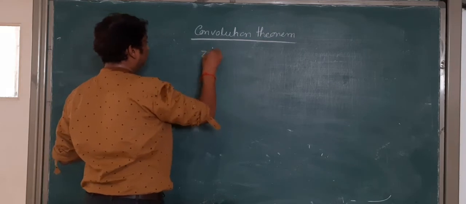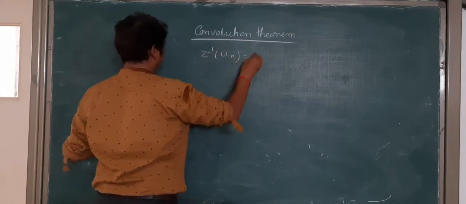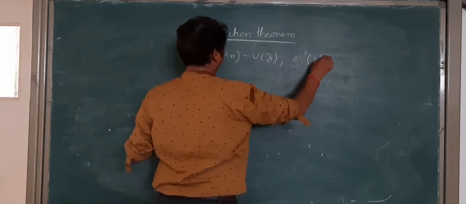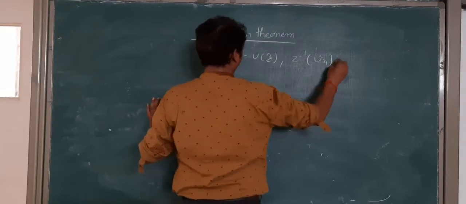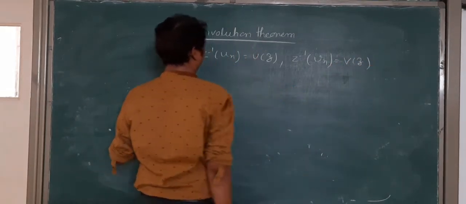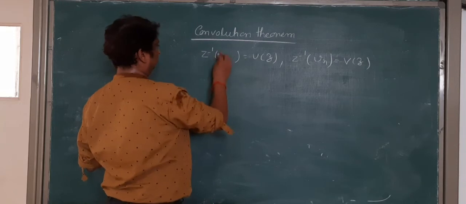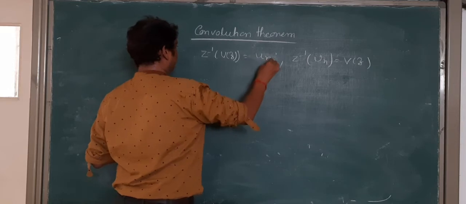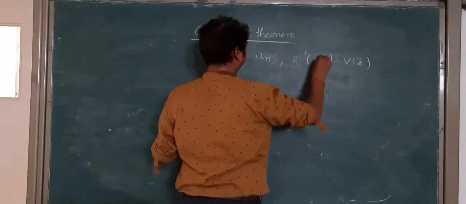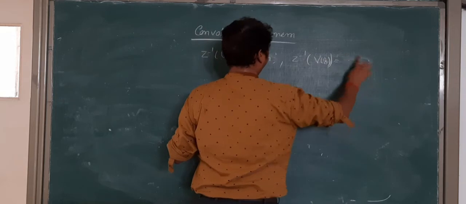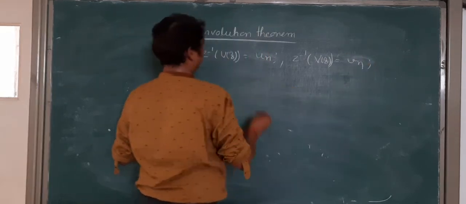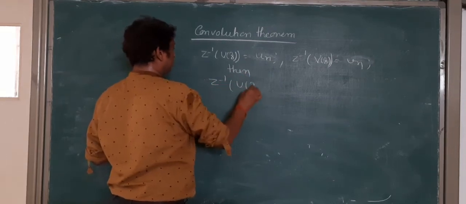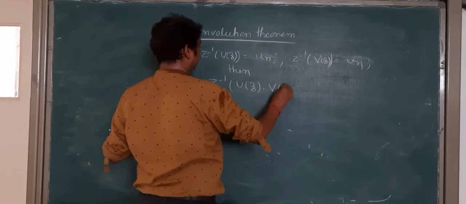If Z inverse of U(z) is u(n), and Z inverse of V(z) is v(n), then what is Z inverse of U(z) into V(z)?